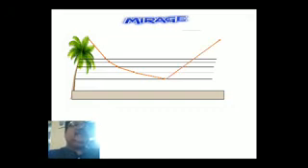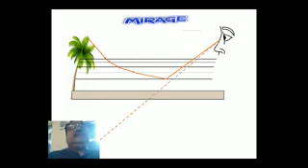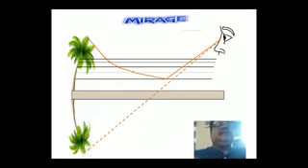A person who is standing far away from this particular tree will see an inverted image of the tree, which carries an impression that as if water is present below the tree. And now this thirsty person becomes the victim of the optical illusion. So it is an optical illusion which is normally seen in hot regions.